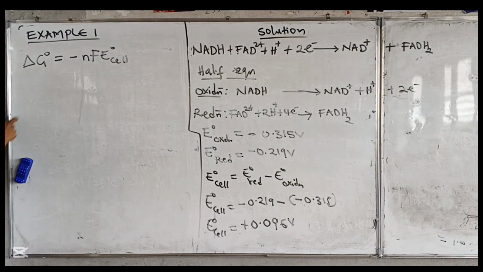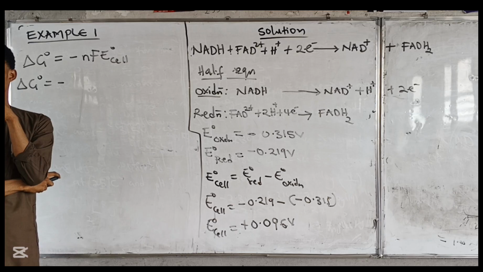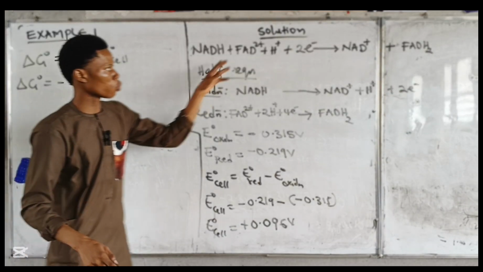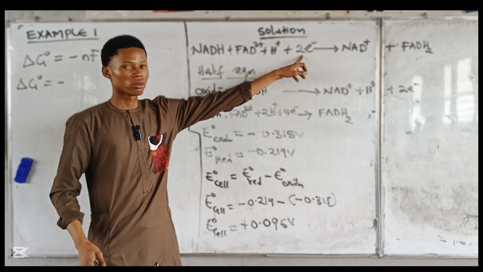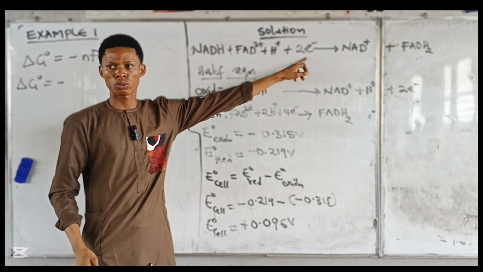So delta G0 is equal to minus. Now the problem comes. What is our n? n represents the number of electrons. What's the number of electrons here? So our n is 2, because the number of electrons here is 2.